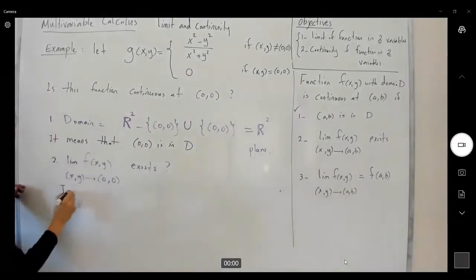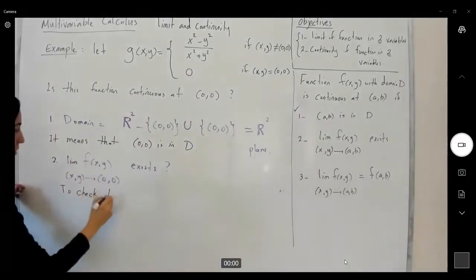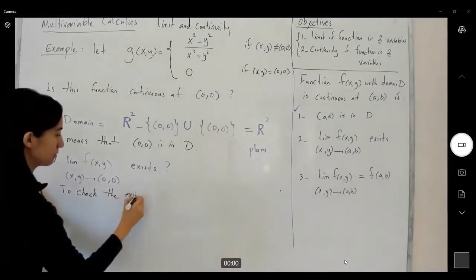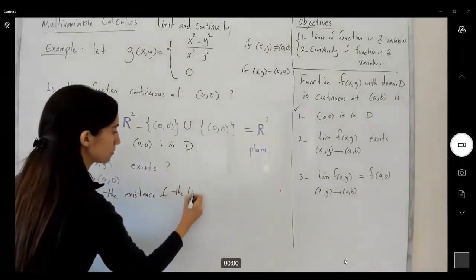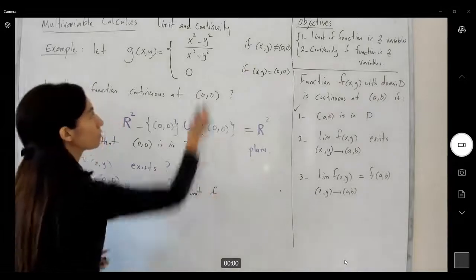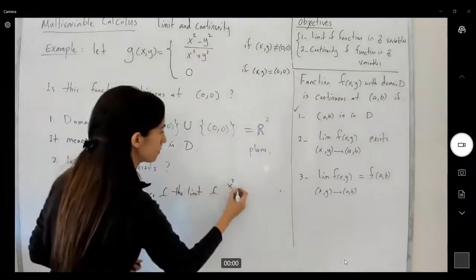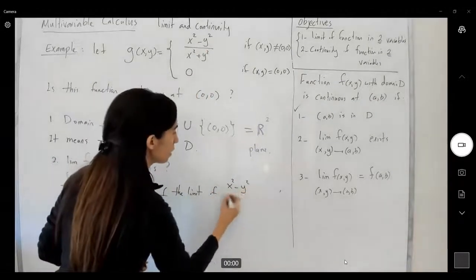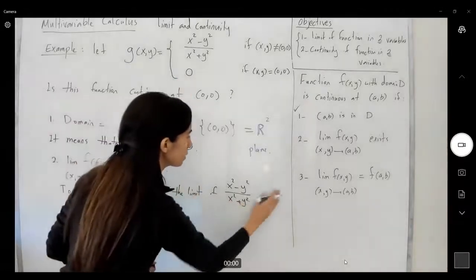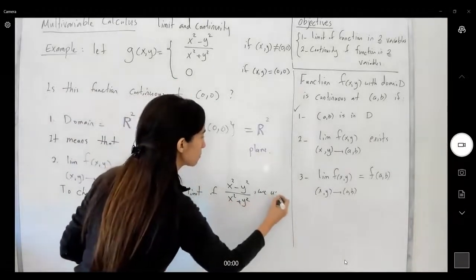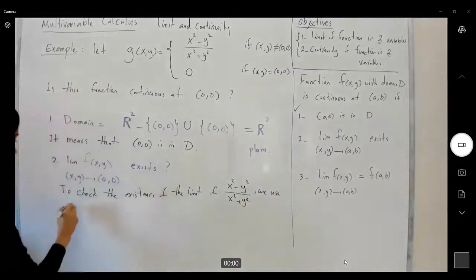So to check the existence of the limit of x squared minus y squared divided by x squared plus y squared, we use a general path.